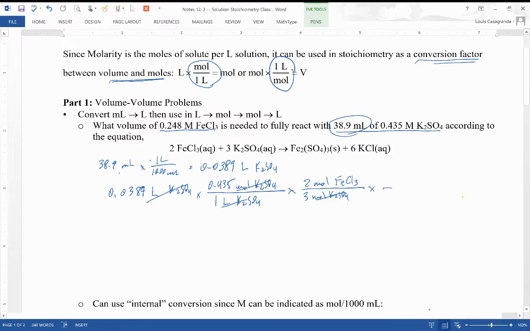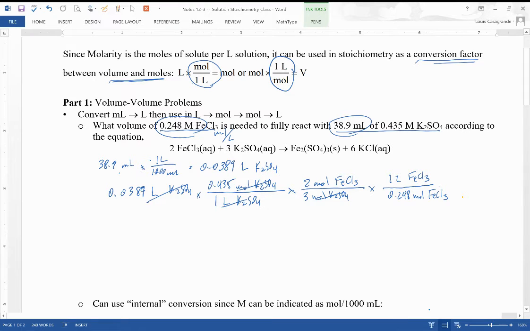And now we need to get to the volume of the FeCl3, so I need to put moles in the denominator. Since I've got the molarity, and remember that's moles over liters, I can put 1 liter of the FeCl3 in the numerator and 0.248 moles of the FeCl3 in the denominator.